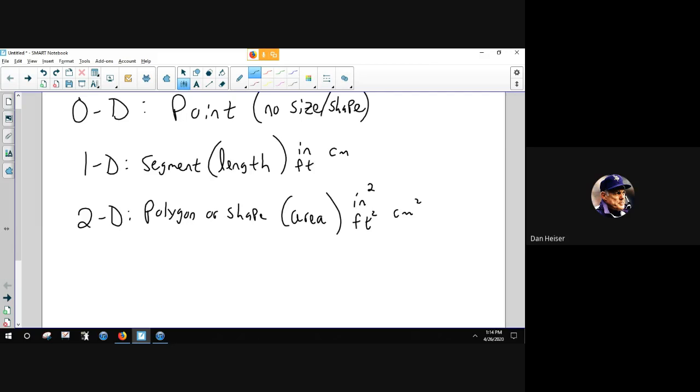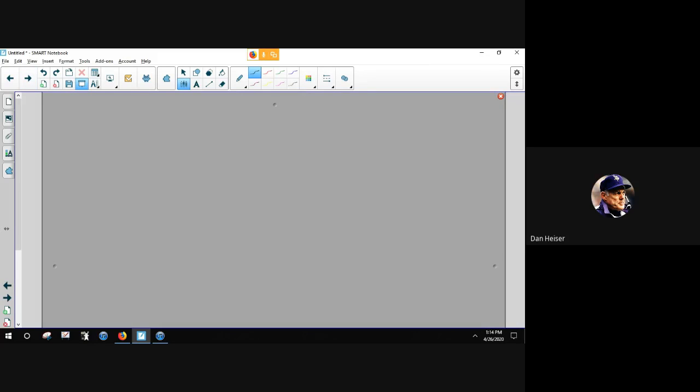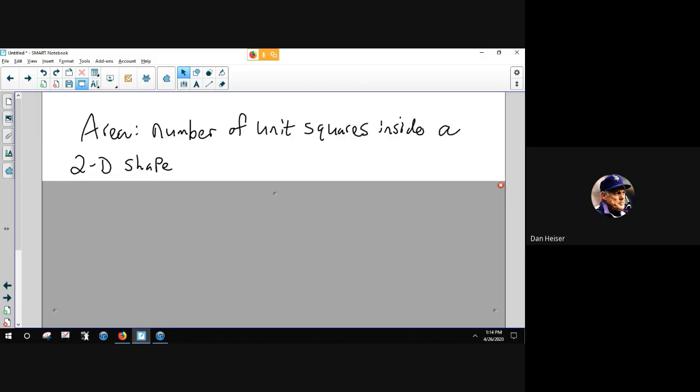Area in general is the number of unit squares inside a two-dimensional shape. And that's why we say square centimeters or square feet, because we're talking about how many squares of that unit can fit inside that space.